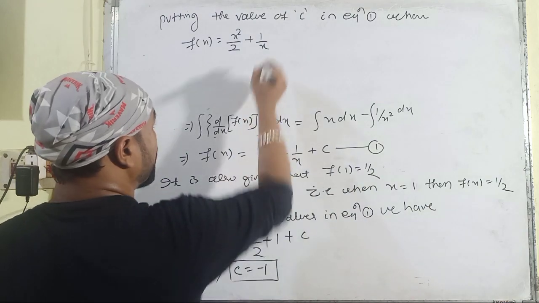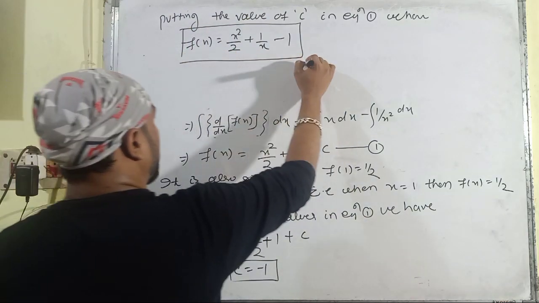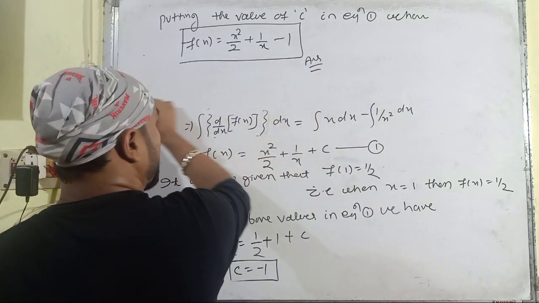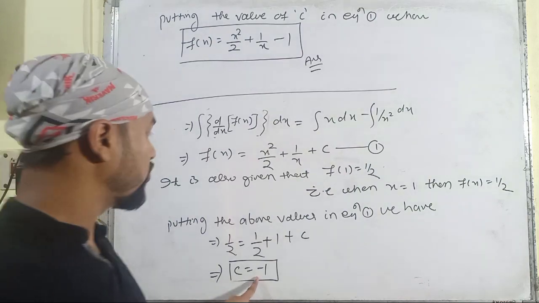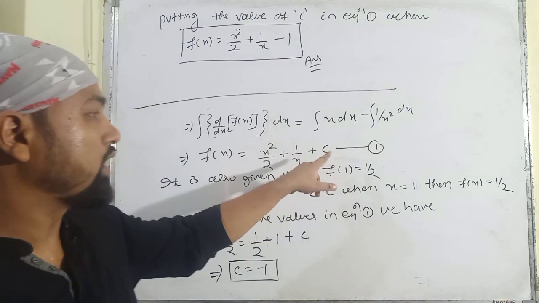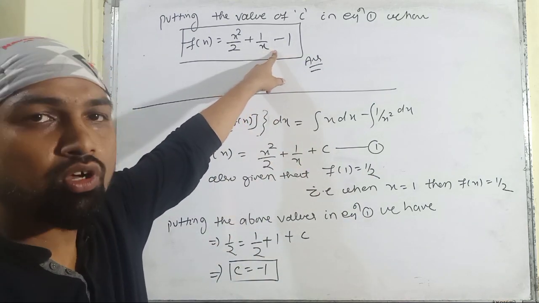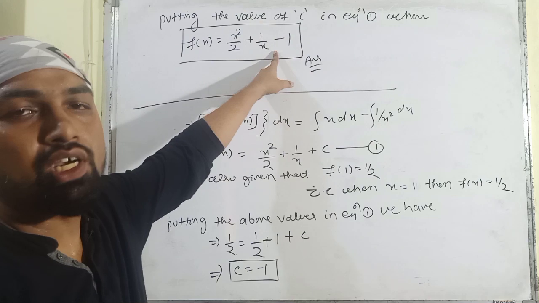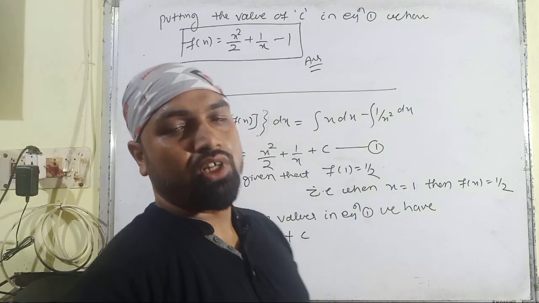In place of c, just we have to put 1, and this will be the complete solution for the problem number 32. Just we have to put the value of the constant in place of the c in equation 1 so that we can get the solution, and this solution is called as the particular solution because we know the particular value of the constant in this solution. So this solution is called as particular solution.